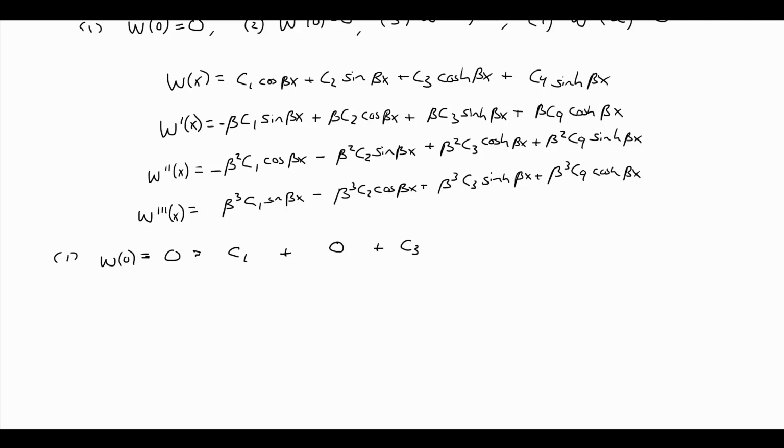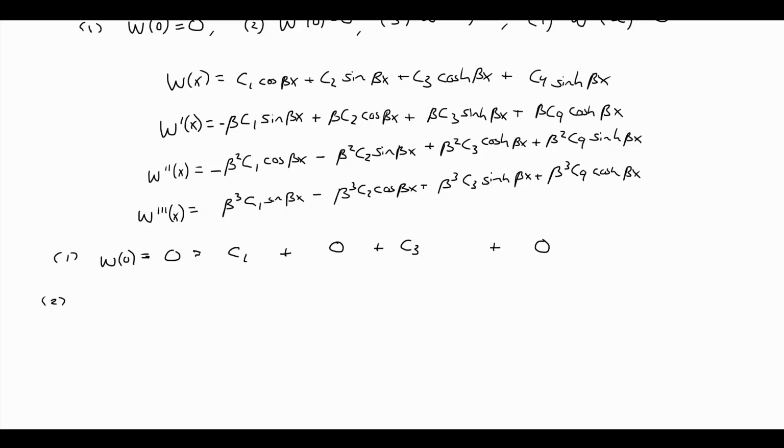Just like cosine, cosh of 0 is going to give us 1, plus c4 times the sinh of 0. Like sine, the sinh of 0 is also 0. So I'm explicitly putting in those 0 terms so that we do not forget about them. And so that's our first boundary condition. c1 plus c3 equals 0. But I'm going to leave it written in this way because we're going to be going into a matrix form.